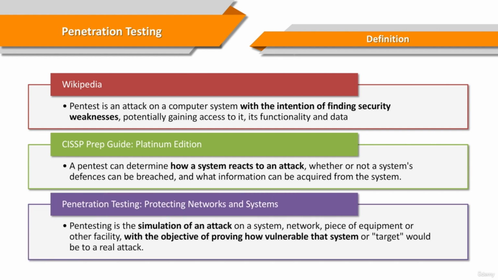And the last definition is from another book. It's called Penetration Testing, Protecting Networks and Systems. And I quote, "Pen testing is the simulation of an attack on a system, network, piece of equipment, or other facility, with the objective of proving how vulnerable that system or target would be to a real attack," end quote. I want you to notice the words here, the simulation of an attack.